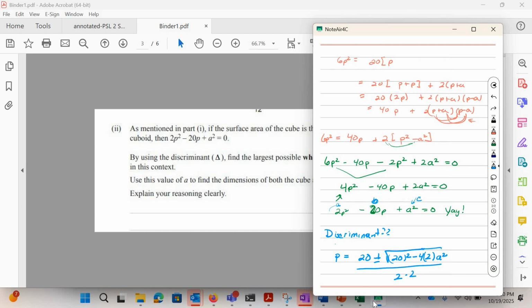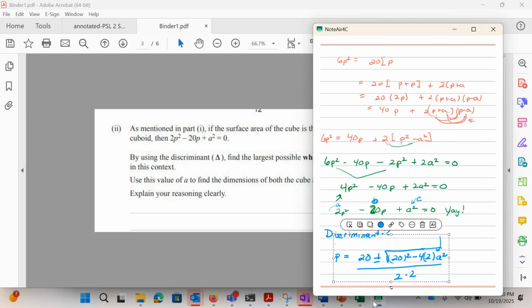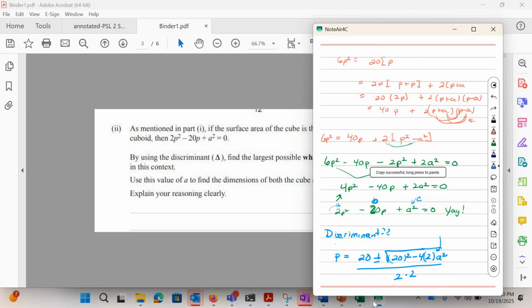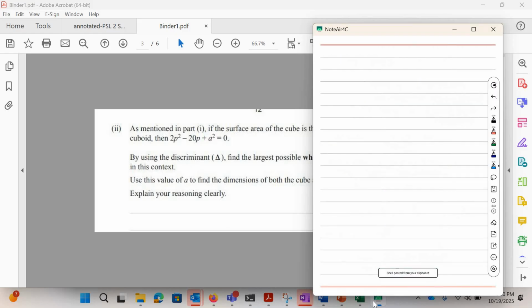This guy in here has to be a real number, so that means the inside has to be non-negative. That's what they were after. So I'm just going to copy this to the next page.